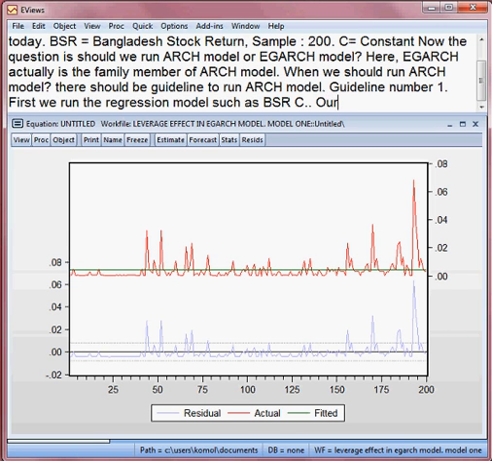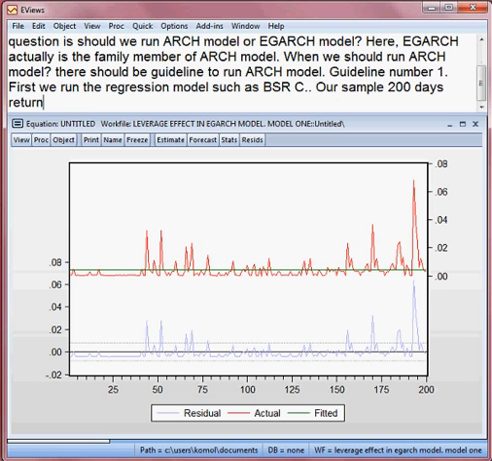Our sample is 200 days of Bangladesh stock return, BSR.